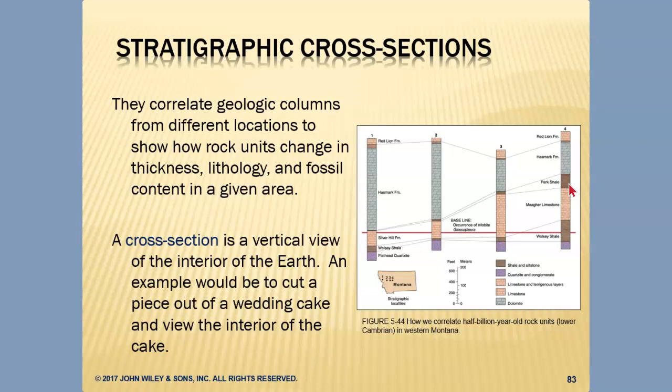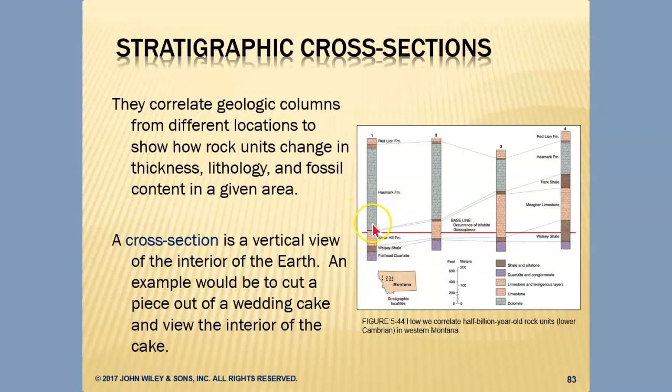So I know that in the past, this low energy environment was in the locality of 2, 3, and 4, but not in the locality of 1. So it gives me an idea of what this area looked like. There was more of a shallow sea in areas 2, 3, and 4, but by the time we got to 1, it was no longer a shallow sea.